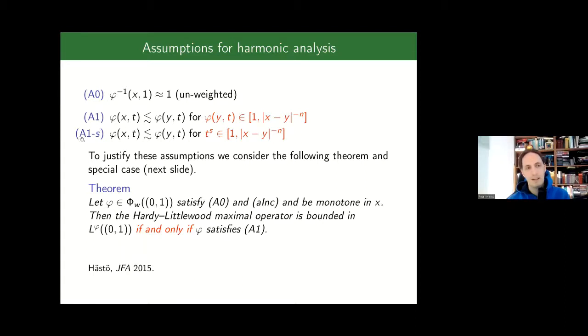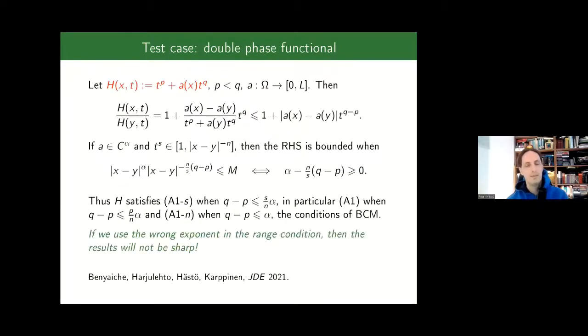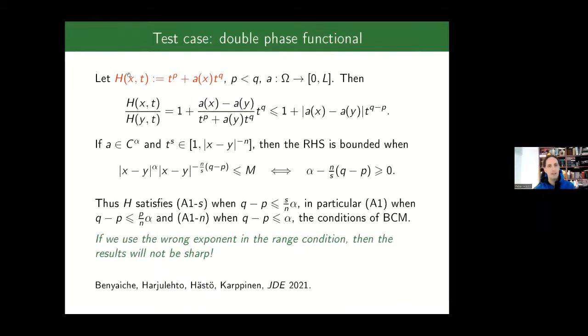I think their condition is actually like A11. So here instead of t to the power s, they have just t. So that is a more restrictive result. And of course, then you cannot get if and only if, as this next calculation shows. So I wanted to motivate this with this double phase functional, which is written here at the top again.